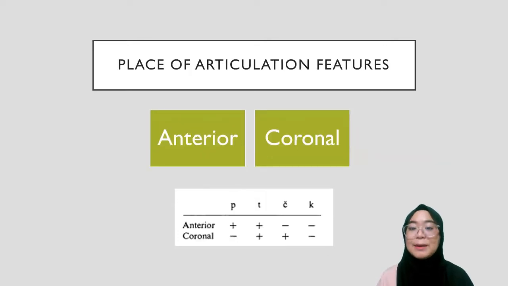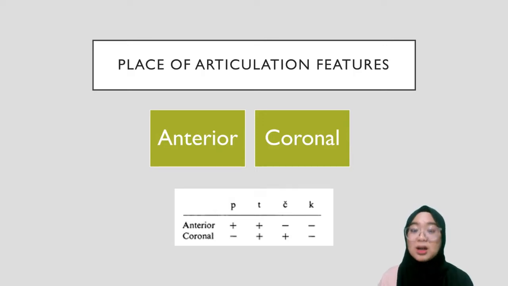The next is place of articulation feature. This will relate to anterior and coronal. According to whether the constriction is at the extreme forward region of the oral cavity, it is anterior consonant, or more retracted as the non-anteriors, and furthermore, the articulator is the blade of tongue. So our tongue has a blade.